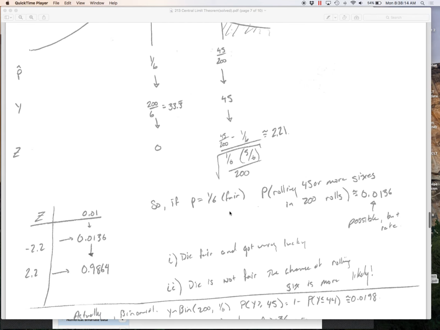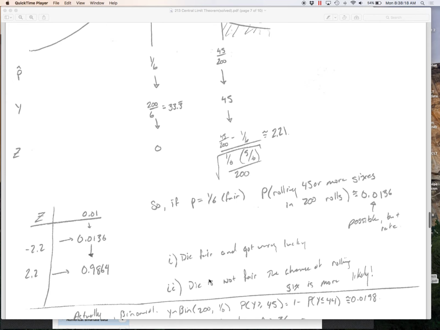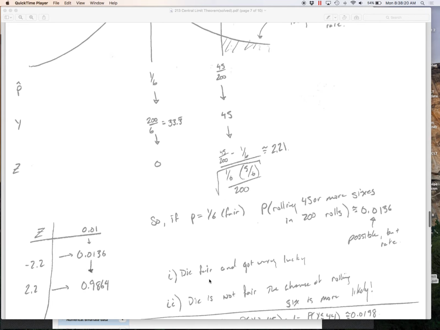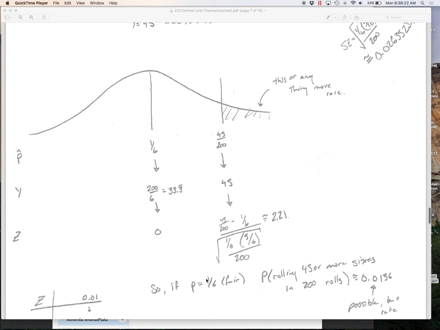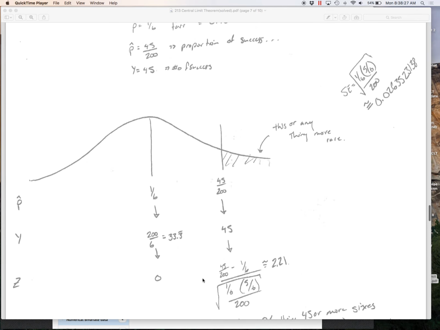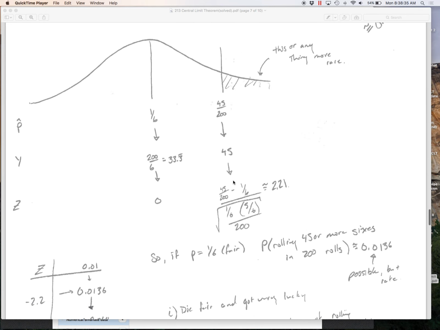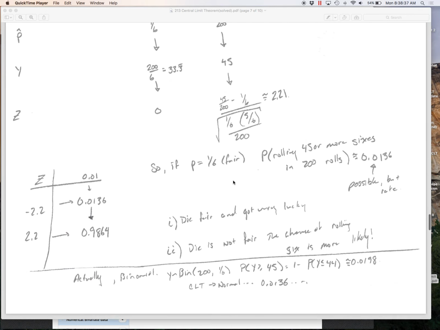Or do you believe maybe the die is not fair and that's why we saw more 6s? That's the end of this question, but the reason it's called the normal approximation to the binomial is that here we've used the normal distribution, but in truth we could have also used the binomial.